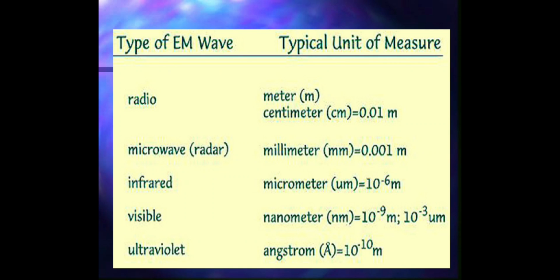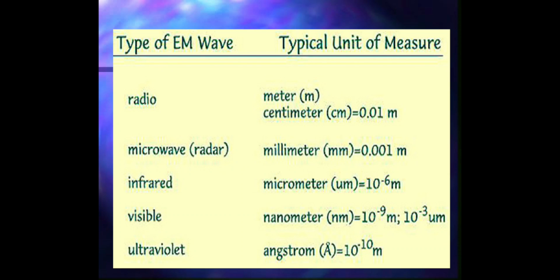Types of EM waves: different types of wavelengths, like infrared, ultraviolet rays, visible rays, radio waves, microwaves, radar, lidar. That we can study in 10th standard. Okay, the unit measure is about 0.01 meter for radio wavelength.